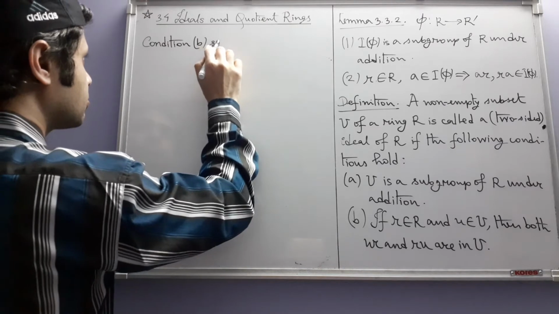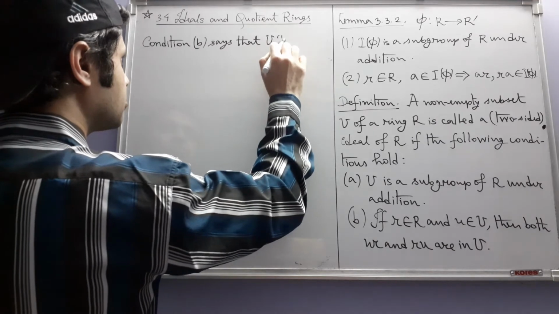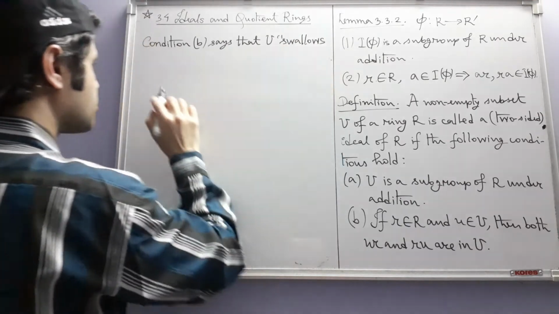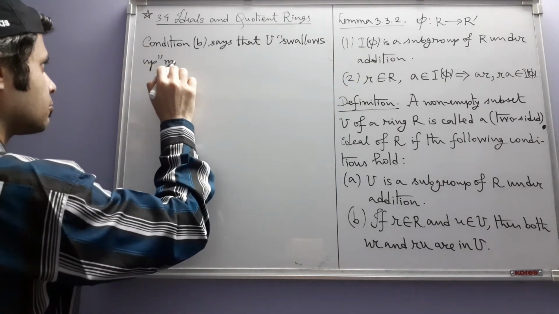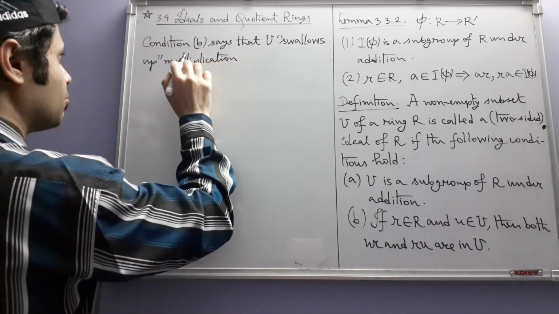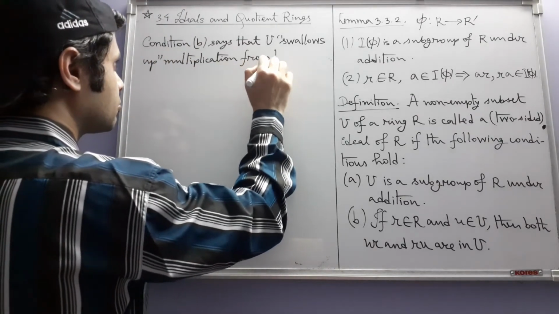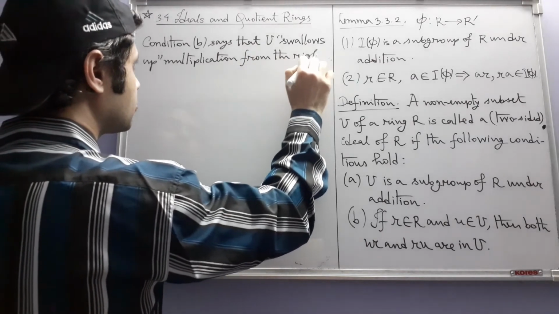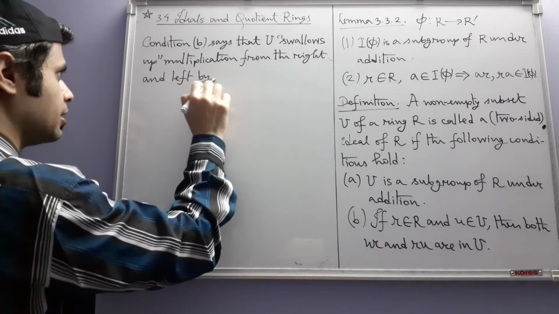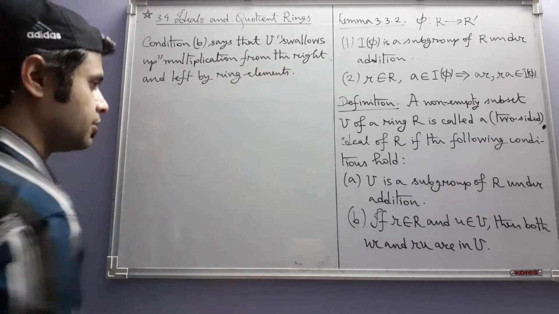Condition B says that U swallows up multiplication from the right and left by ring elements.